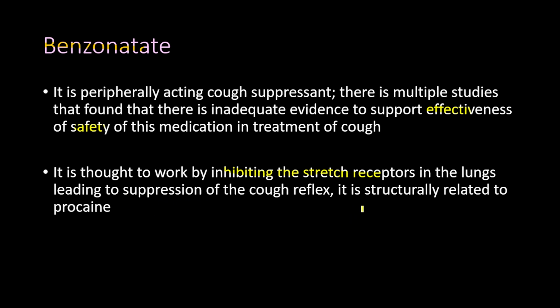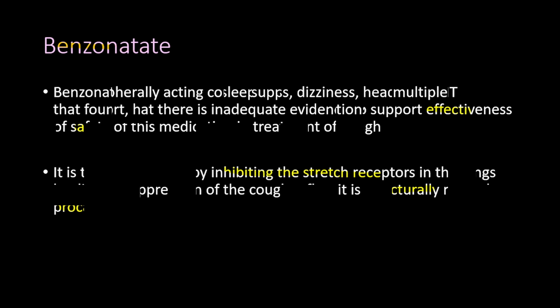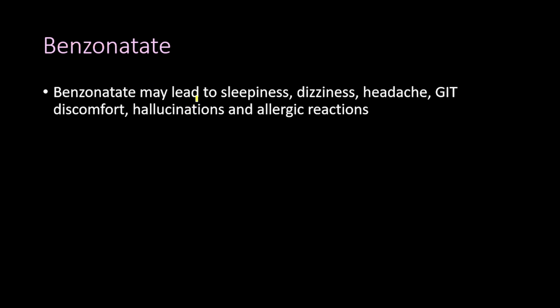Now, the benzonatate is structurally related to procaine, and the procaine is an anesthetic medication. Now, the benzonatate may lead to side effects like sleepiness, dizziness, headache, gastrointestinal tract discomfort, hallucinations, and allergic reactions.